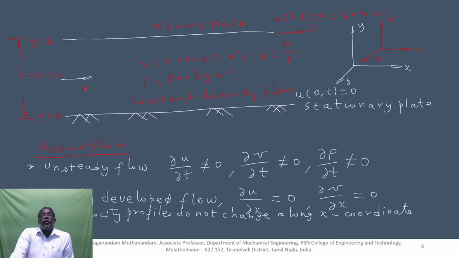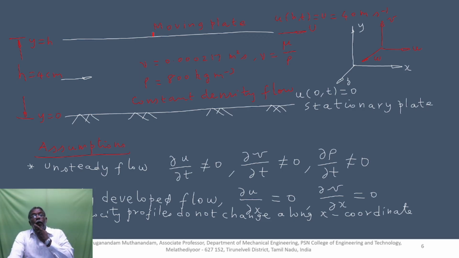The flow is such that it is along the direction of the moving plate. The direction of the moving plate is the x coordinate direction. So, the flow is also taken along the x coordinate direction. There is no flow along the y coordinate direction or z coordinate direction. The flow is created by the movement of the plate.